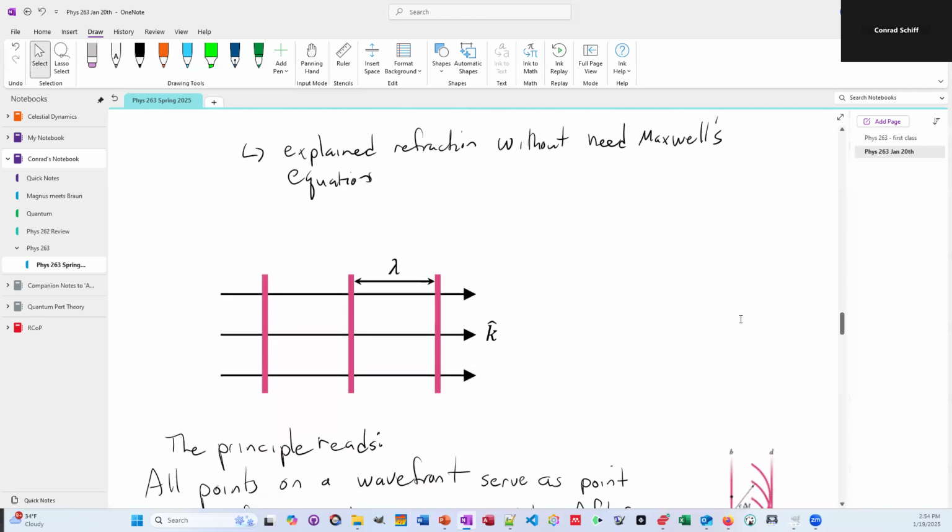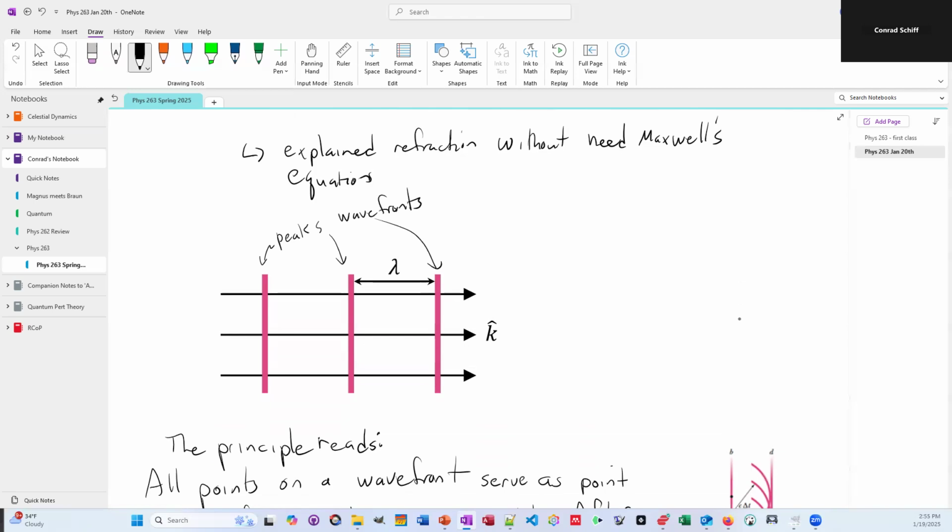So what we're going to do is we're going to reduce our wave. Instead of paying attention to peaks and troughs, we're just going to indicate the location of a peak. That's the usual meaning of the bar, although it could be a trough. And the peaks form the wavefronts of the wave.